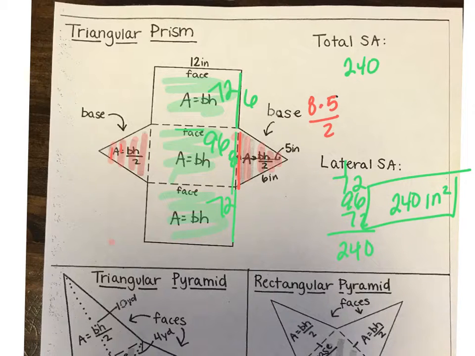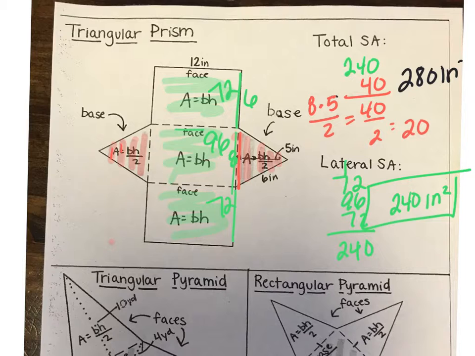Because it's a triangle. 8 times 5 is 40. 40 divided by 2 is 20. And how many of those triangles do we have? 2. So 20 plus 20 is 40. There's a different way to do it, but just so we know. So 240 plus 40 is 280 inches squared. Okay? How do we feel so far?